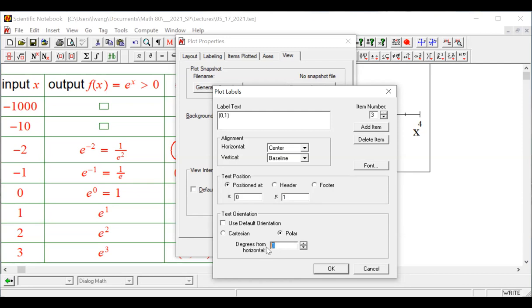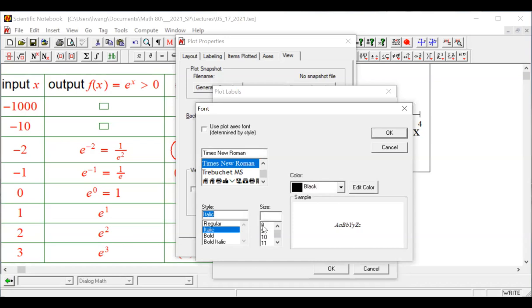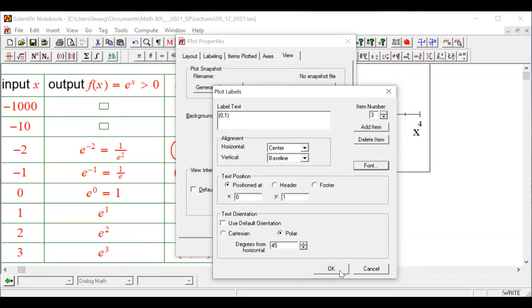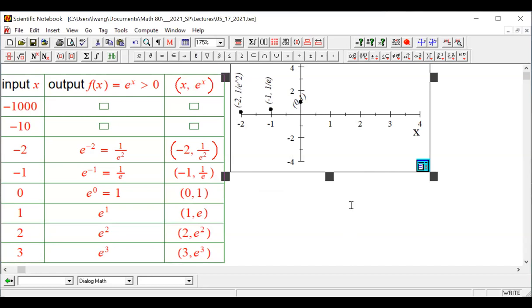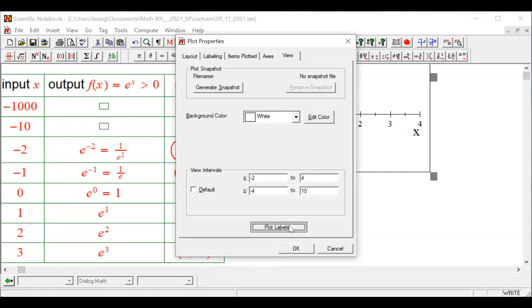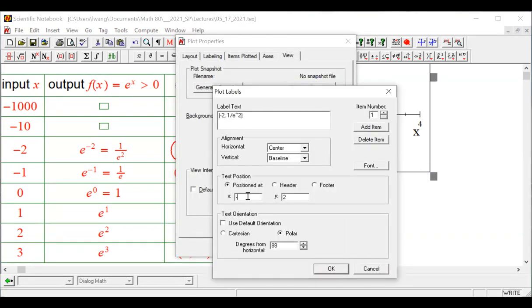Okay, I'm gonna make this time 45 degrees to see what happens. Okay, just marking the points. Marking the point, 0, 1. Oh, that doesn't look very good. I'm going to make some adjustment. Okay.